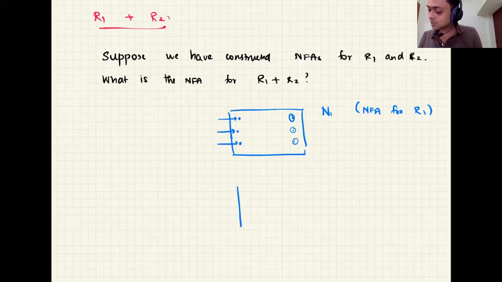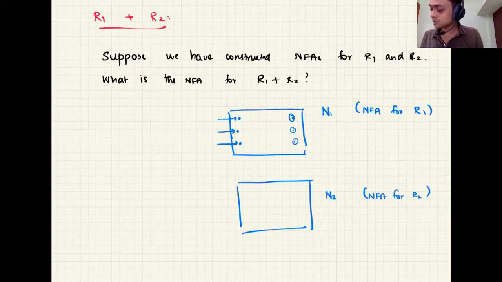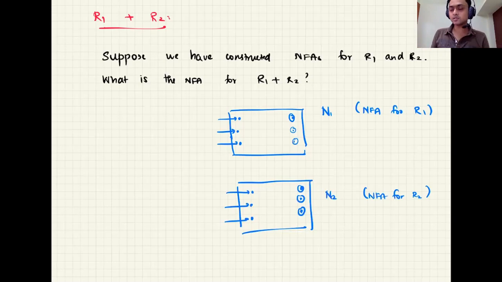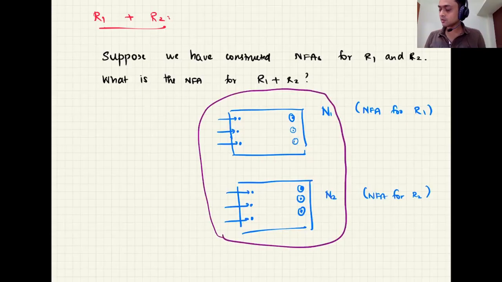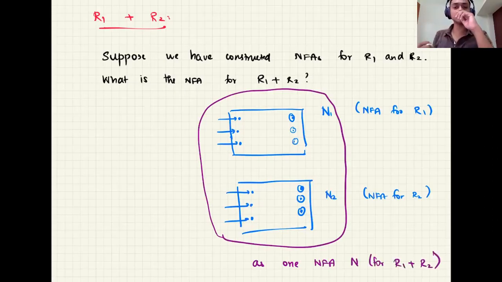Now we also have an NFA for R2, with some initial states in general and some final states. Now for the plus, we just have to look at this entire thing as one NFA for R1 plus R2. This is like that A star B plus B star A. We first did A star B, then we did B star A, then we looked at the entire thing as one NFA.